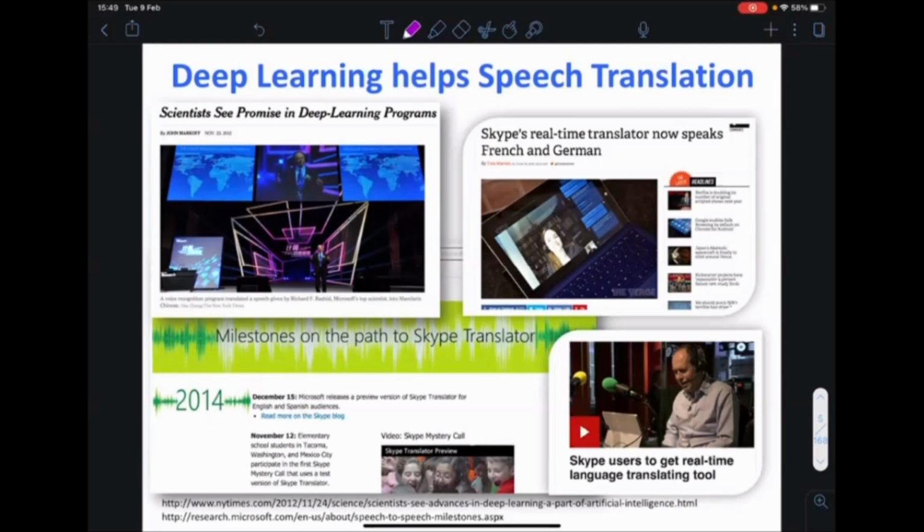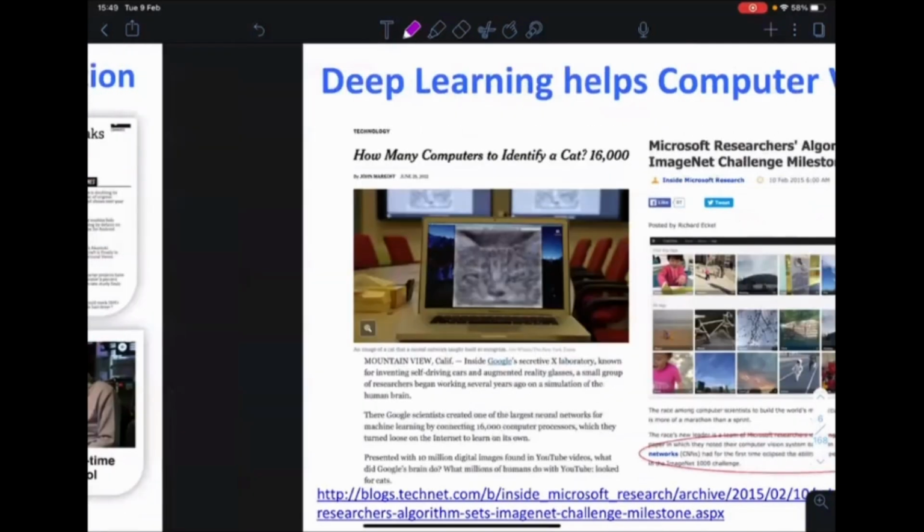At that time, people reported progress on various speech and translation tasks. They found that if you use a deep neural network as a function approximator to approximate the function I mentioned, in this case for a machine translation task, there is a great improvement.